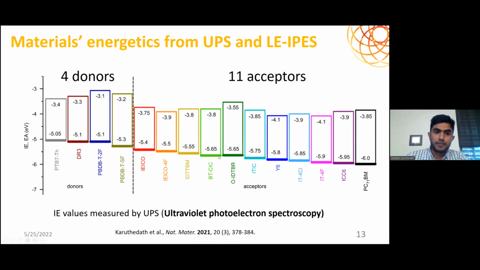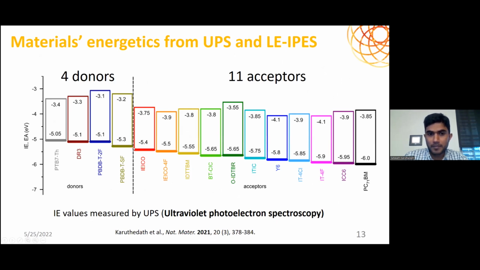We measured IE values using ultraviolet photoelectron spectroscopy, UPS, also confirmed with the PESA technique. I arranged the HOMO values so that they keep increasing from low to high, and I arranged the LUMO values randomly, so there is no order on the top.